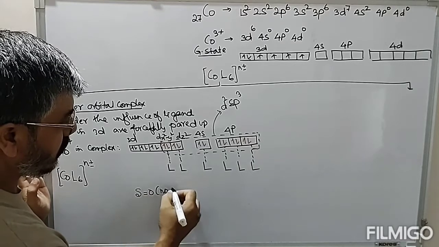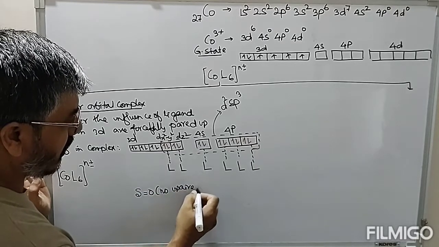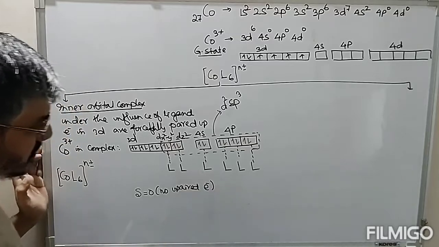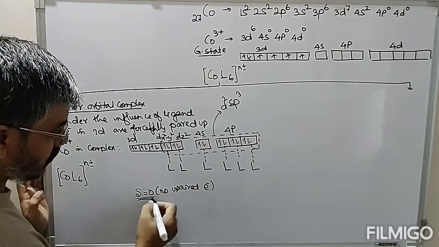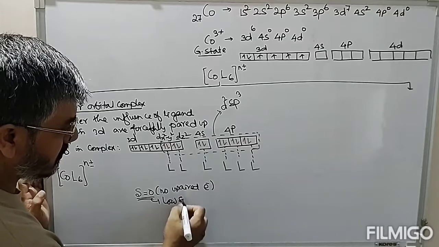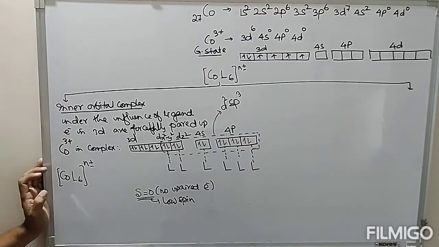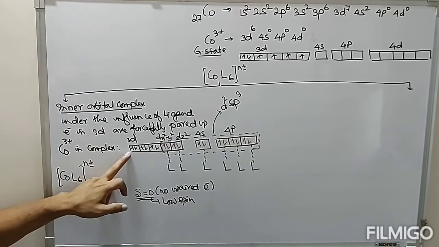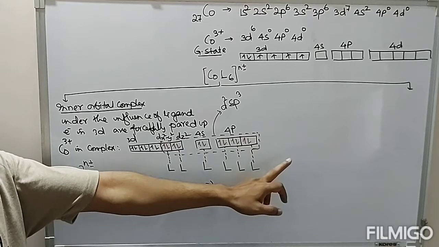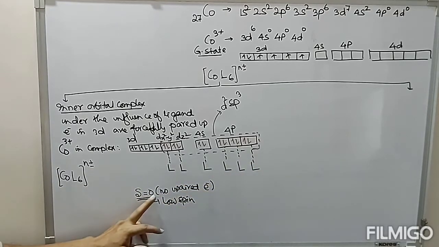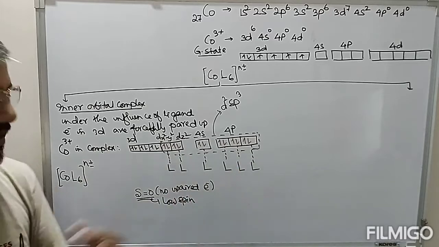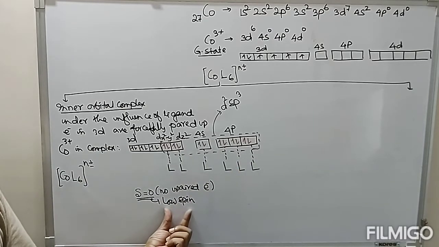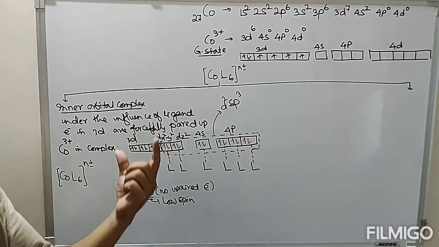Since there are no unpaired electrons, spin is low. We say this is low spin. So all these spins are exactly cancelled out. So resultant spin quantum number S is 0. Since there are no unpaired electrons, all the electrons are completely paired up. So we say this is a low spin or spin paired complex.